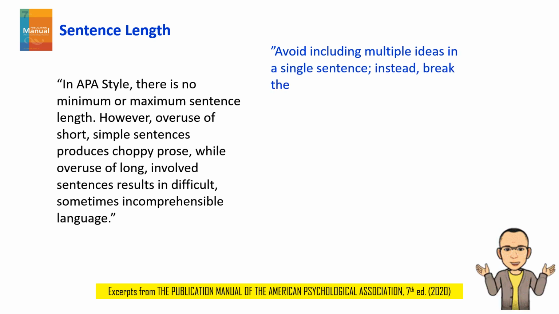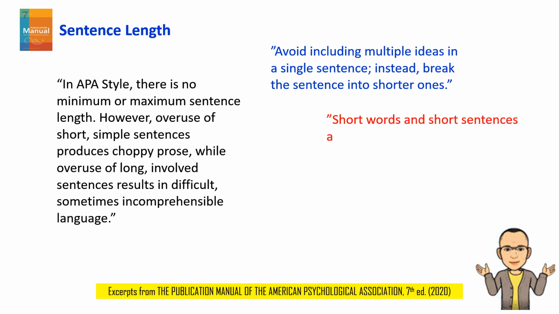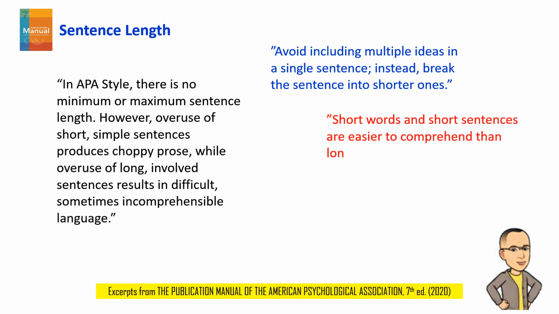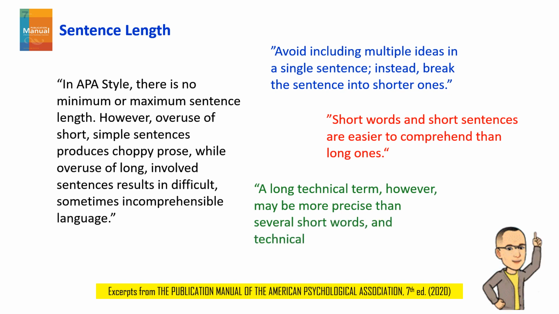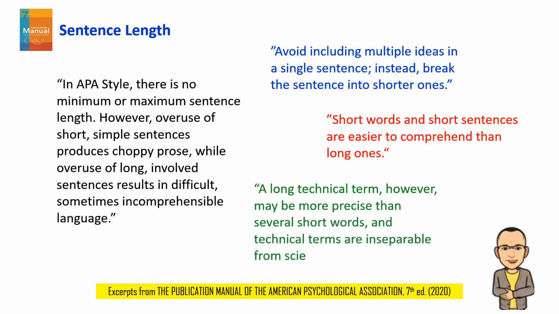Instead, break the sentence into shorter ones. Short words and sentences are noted to be easier to comprehend than long ones. A long technical term, however, may be more precise than several short words, and technical terms are inseparable from scientific reporting.